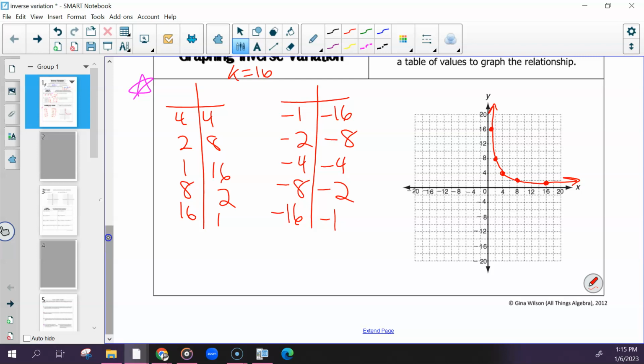And plot those points also. So you get the same kind of points, but flipped. And then connect those.